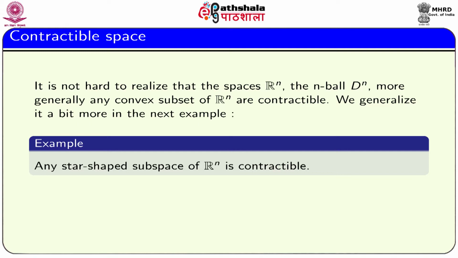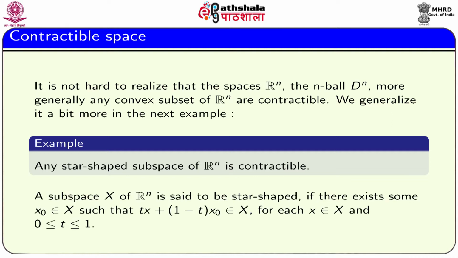Now, what do we mean by star-shaped subspace? A subspace X of R^n is said to be star-shaped if there exists some point x0 belonging to capital X such that tx plus (1 minus t) x0 belongs to capital X for each x belonging to capital X and for every t varying over the closed interval [0, 1].